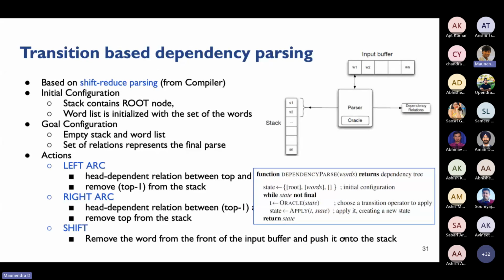Now talking about one technique for dependency parsing. We talked about shift reduce parsing when we were covering the rhetorical structure theory, RST structure. So shift reduce parsing is used for dependency relations.